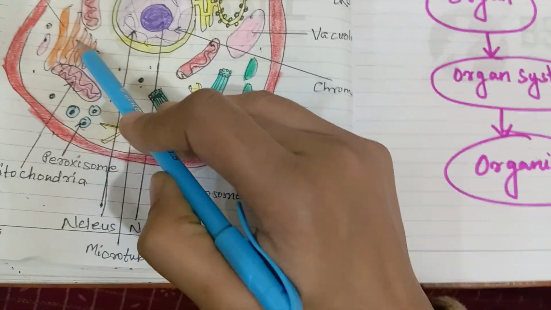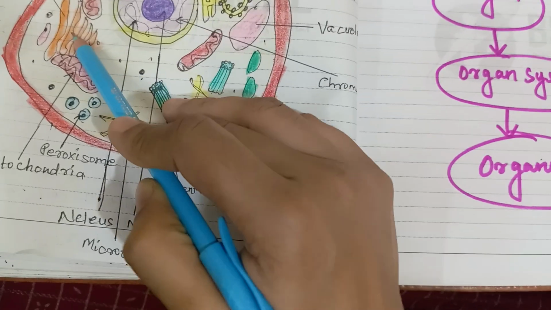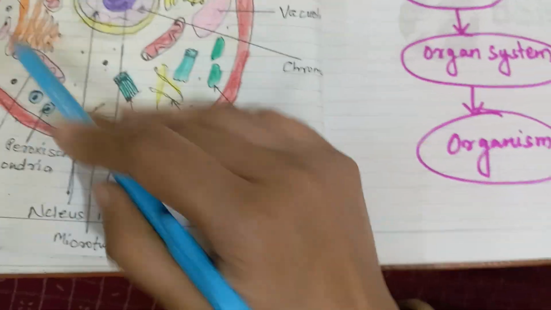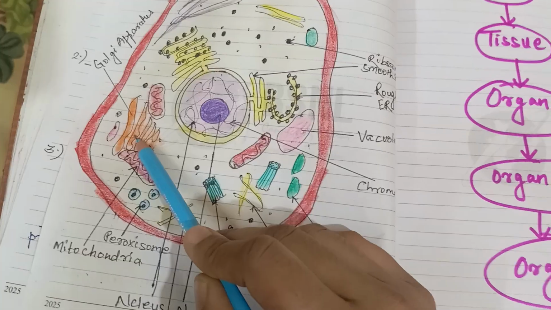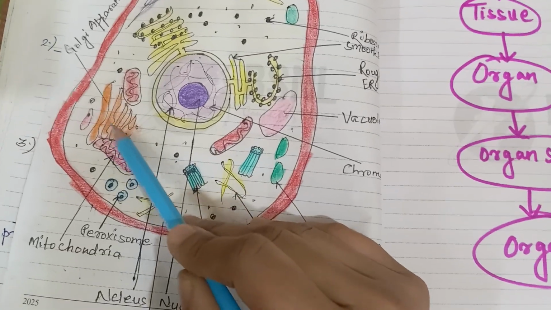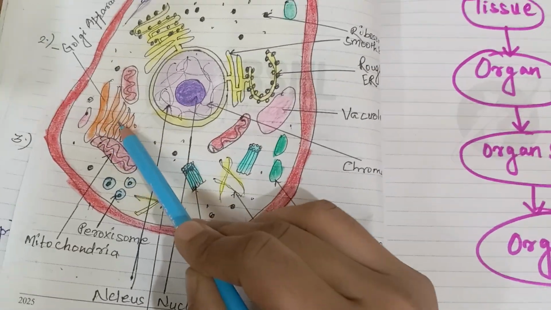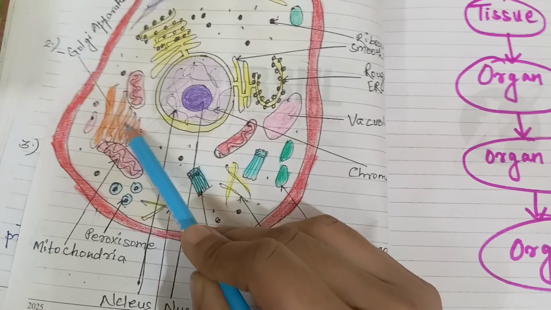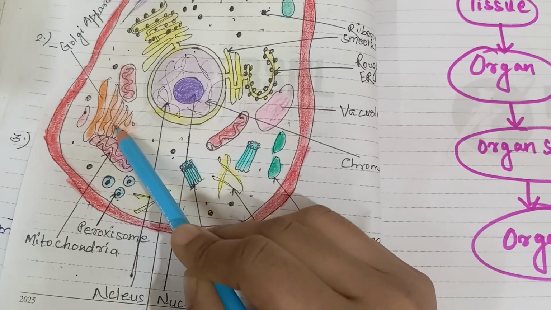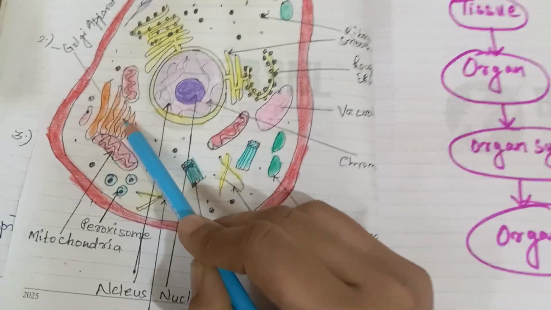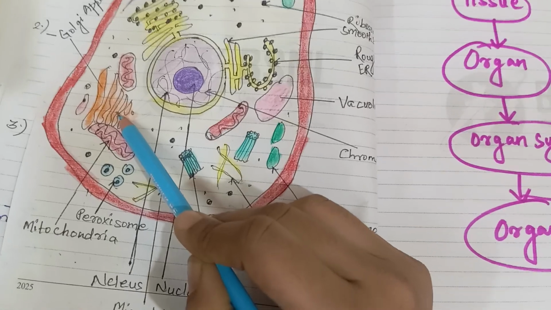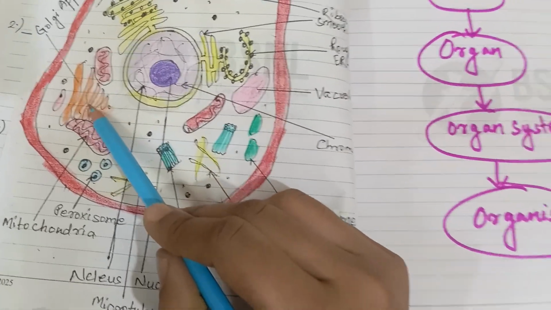Now next is the Golgi apparatus. The Golgi apparatus is a flat sac-like structure present in the cell. It is responsible for sorting, packaging, and delivering proteins.